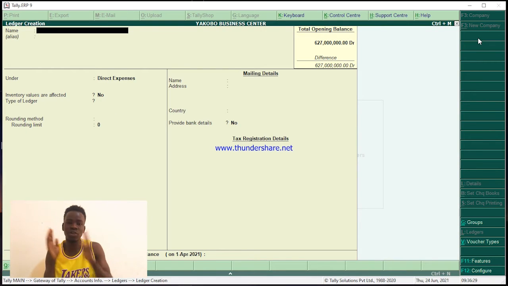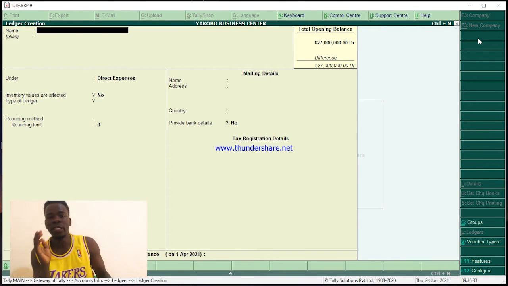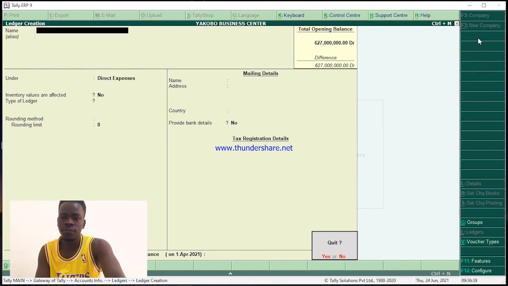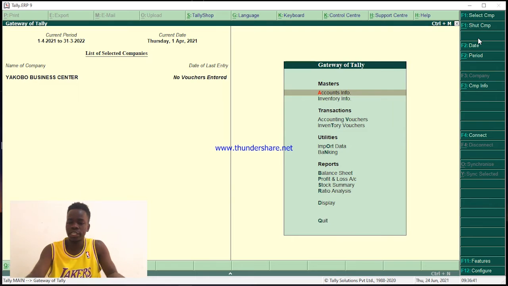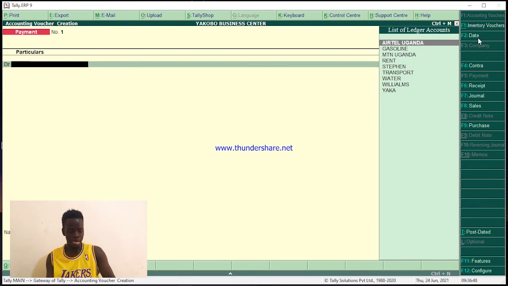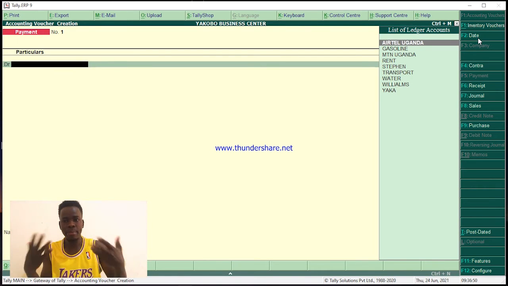So the next thing we are going to do is go and do the transaction right here. We're going to go back, escape, to Gateway of Tally. We're going to Accounting Vouchers. So we're going to create a payment.